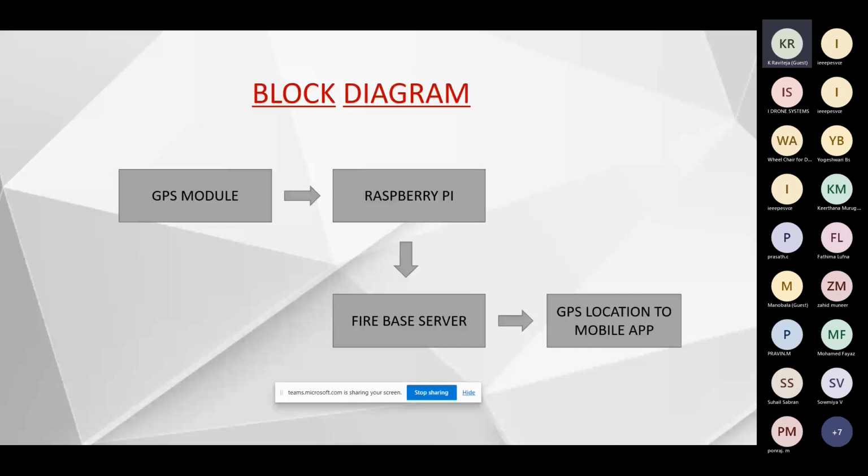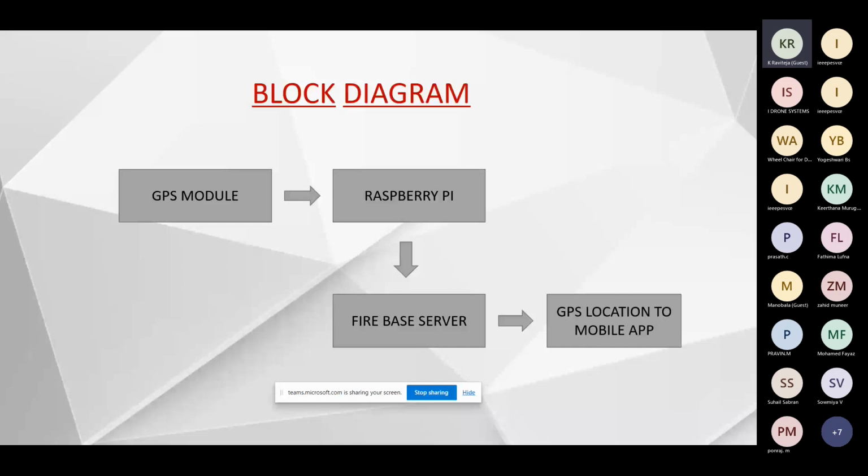The Raspberry Pi sends the location coordinates to the Firebase server, as the Firebase server is an intermediate communication protocol. It stores the location coordinates, and these location coordinates can be viewed in the mobile application if the bus has not arrived.